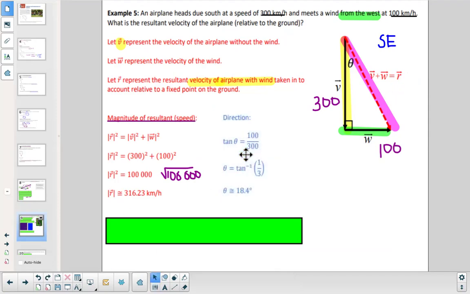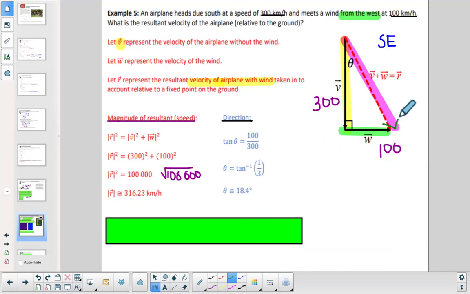Now, when I'm trying to solve for the direction, because remember, every solution needs a magnitude and a direction when you're solving for vectors. The angle that I'm solving for always happens at the starting point of my resultant.